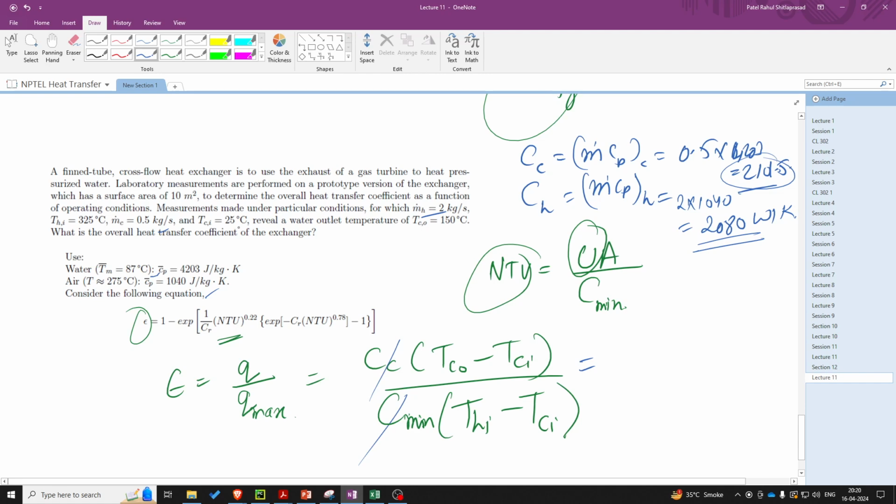So Tci is 25, Tc0 is 150. That is 150 minus 25 upon 325 minus Tci, which is 25. That is 125 upon 300.